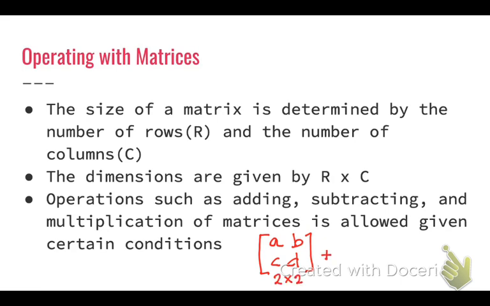I can only add another 2 by 2 matrix to that one, because I will be adding individual entries. Multiplication is a little different. We're going to study that on its own, but it is important to note how we set up and name sizes and dimensions of matrices.